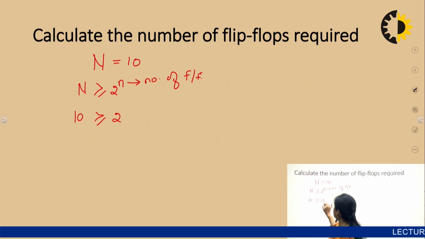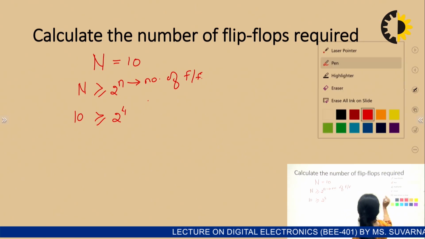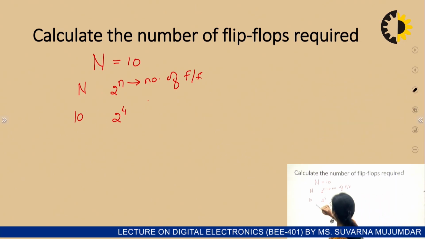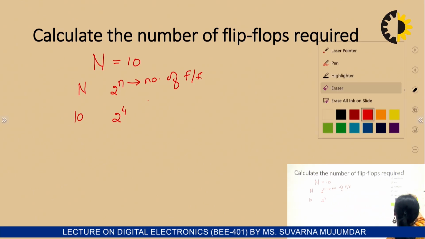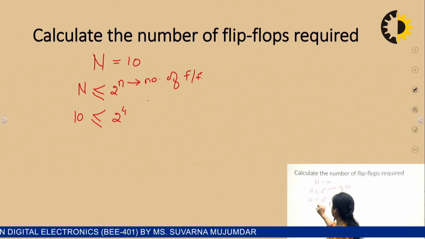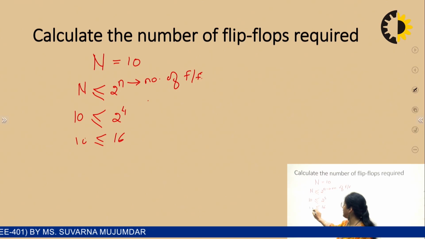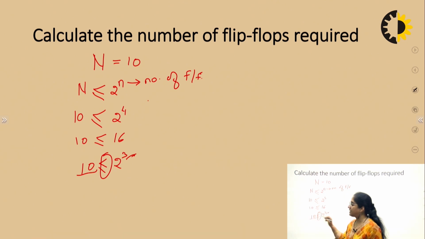If we substitute n equals 4, it is 16. If I use 3, then this condition will not be satisfied, so 3 flip-flops will not represent 10. So here we need 4 flip-flops.